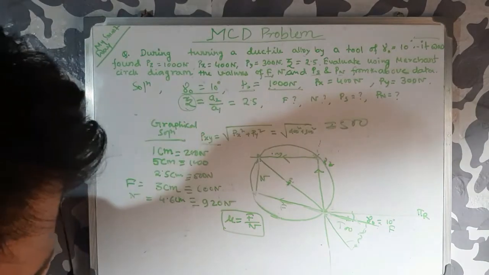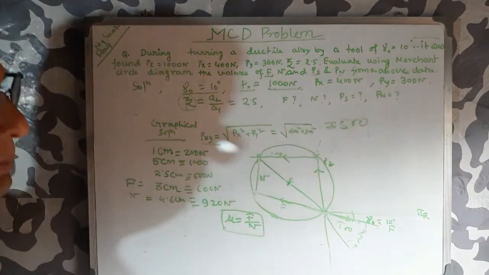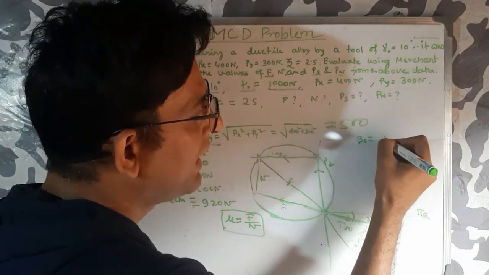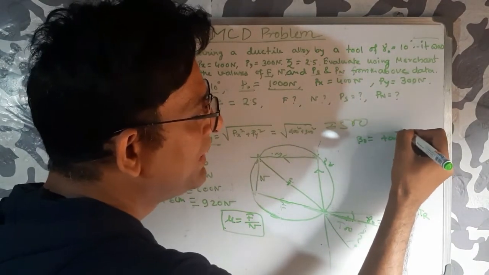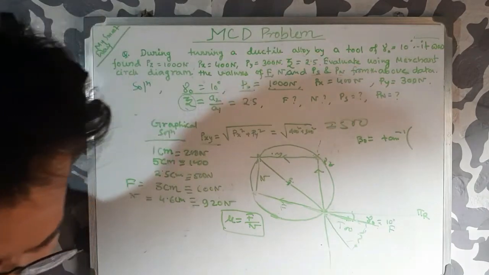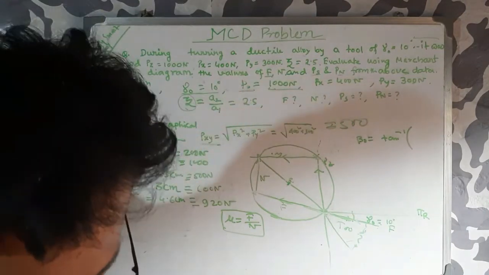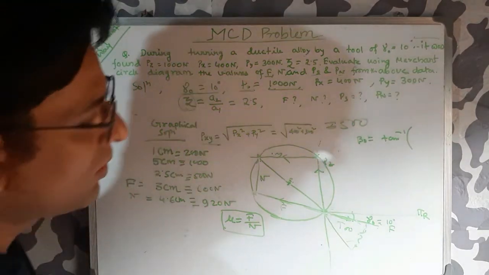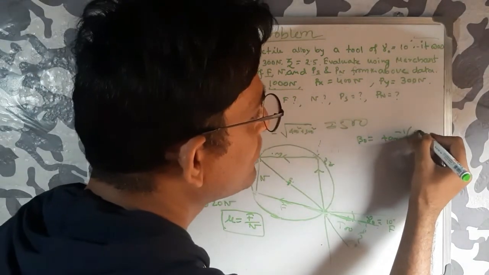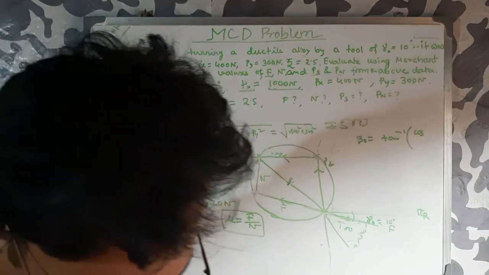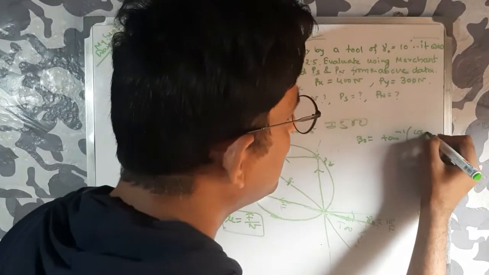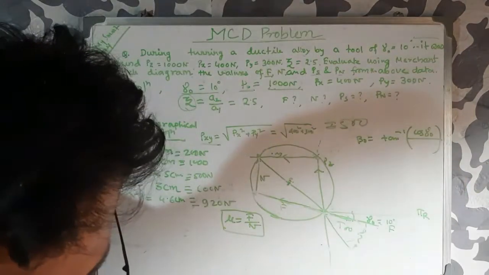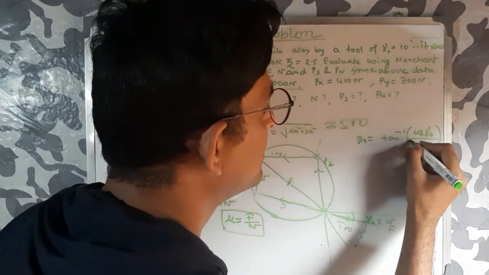Now from the equations you can easily find out beta 0. Beta 0 is equal to tan inverse of cos gamma 0 divided by zeta minus sin gamma 0.